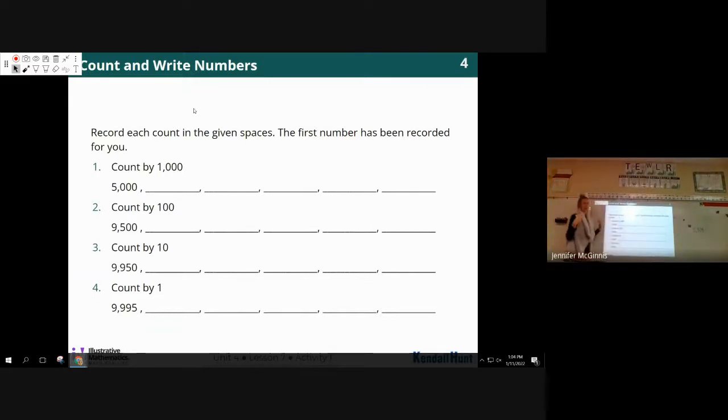I want you to take a quick second and read the directions. Read over this whole section, but don't go down to the next. There's like a next section. Just this top 1, 2, 3, and 4. Read over this section. I'm going to give you like 30 seconds to read over the section.